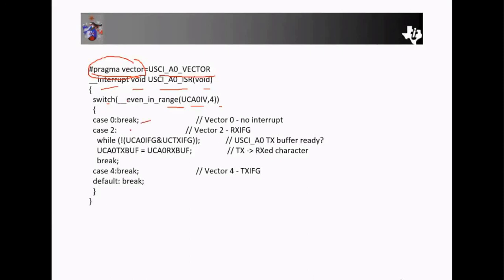Now case 0, it is break. Case 2, it is vector 0, no interrupt. If there is no interrupt, then case 0 is used. If vector 2, RXIFG, if an RXIFG interrupt occurs, we will use case 2. Now in case 2 what will happen? While UCA0IFG and UCTXIFG, it indicates that the UCA0 TX buffer is ready.